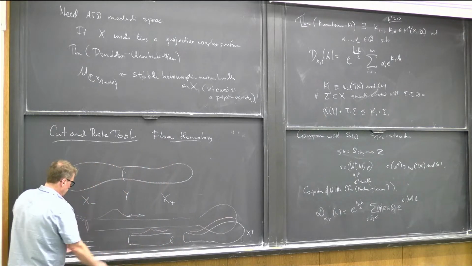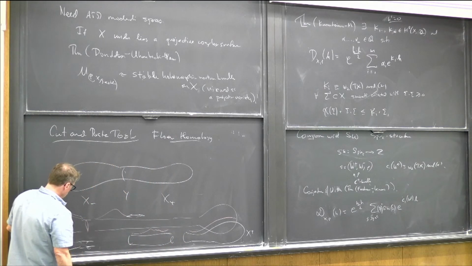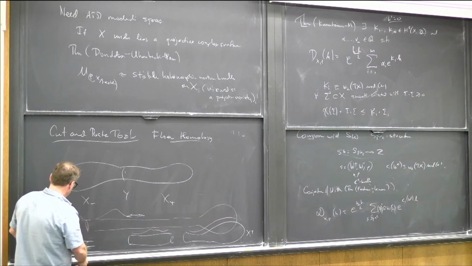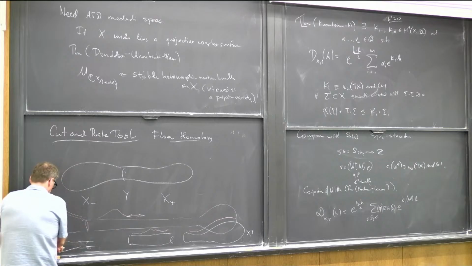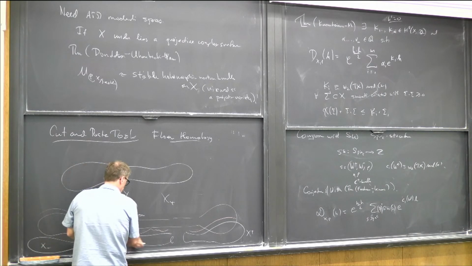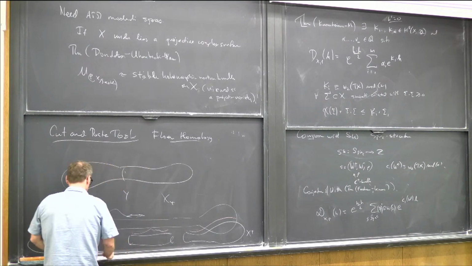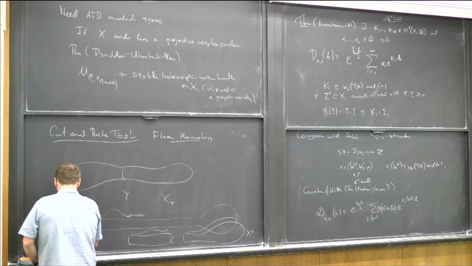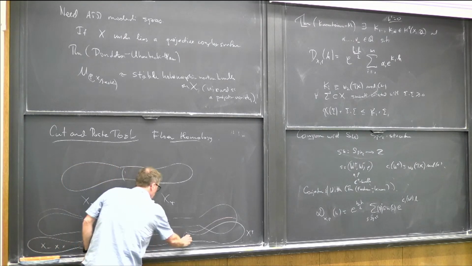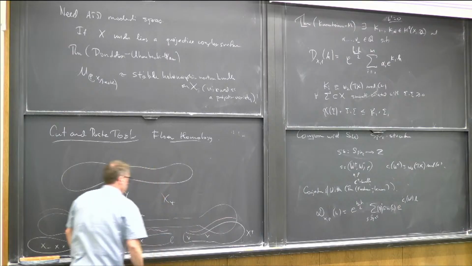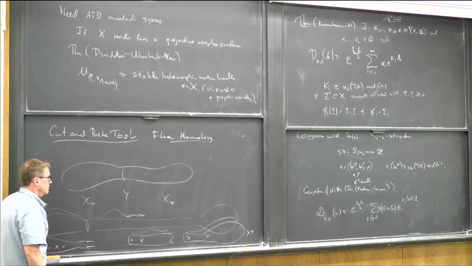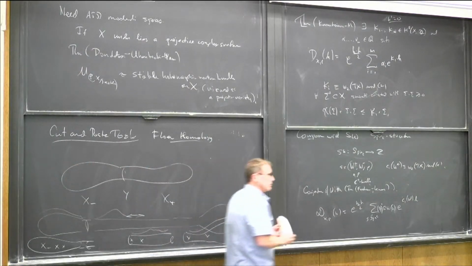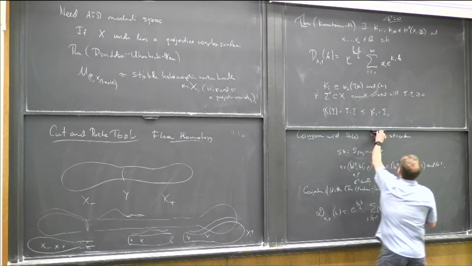As we limit, we're going to get solutions on X minus with a cylindrical end, maybe a bunch of solutions on here. There might also be some bubbles here or there. The bubbles might have multiplicity, kind of complicated, but we just have to learn how to deal with that.